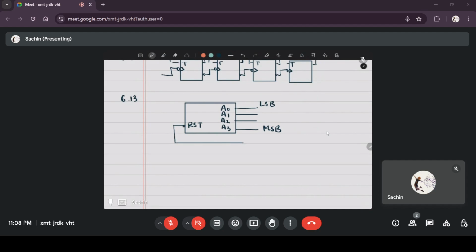So reset is active low, that is, whenever the reset input is 0, it will reset the entire circuit, that is, it will reset the outputs to 0000.